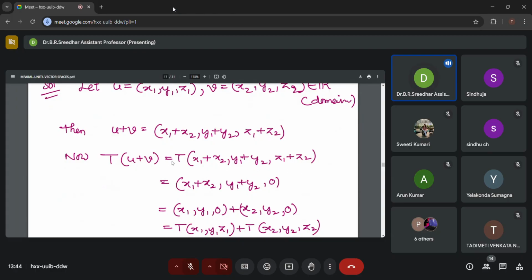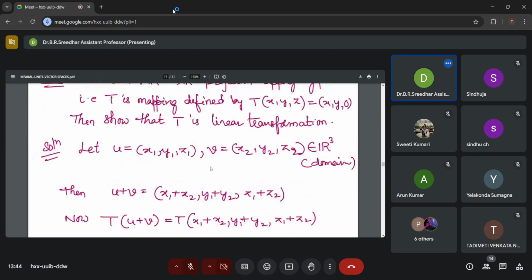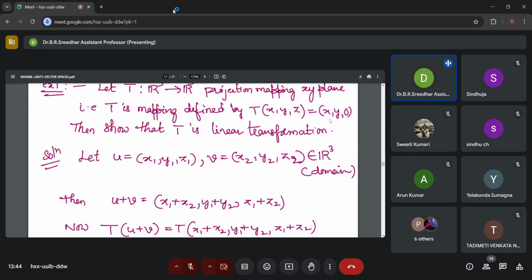The mapping of T of x is x itself. Try to catch the meaning of this statement. That's what I explained about the problem initially, before doing the solution. T of x is mapped to x itself, T of y is mapped to y itself, T of z is mapped to 0. Those are their respective images in the codomain. Got it?